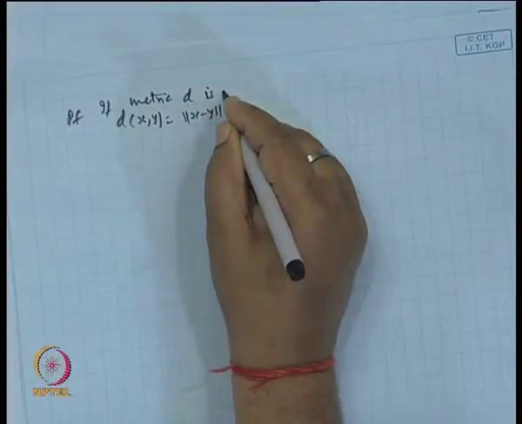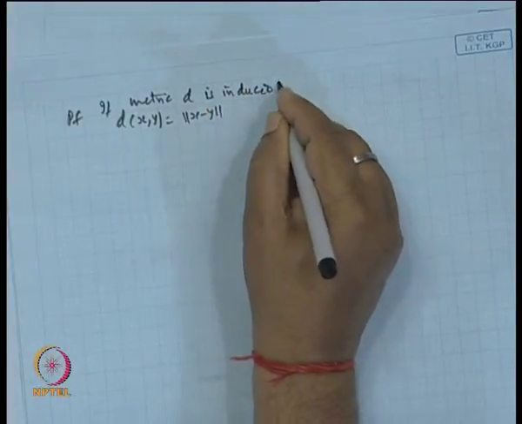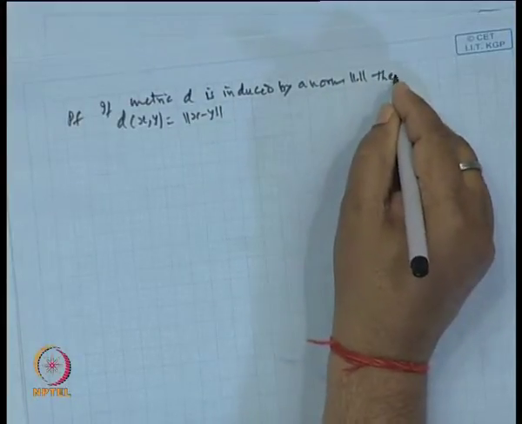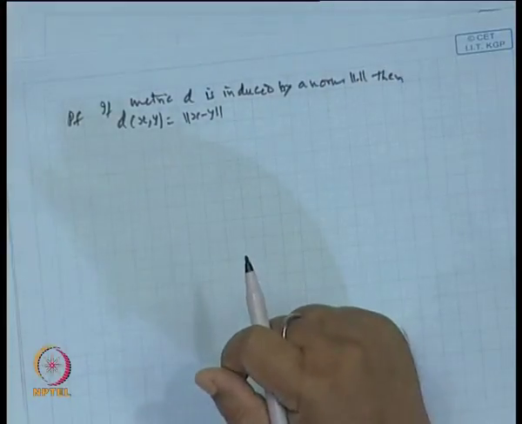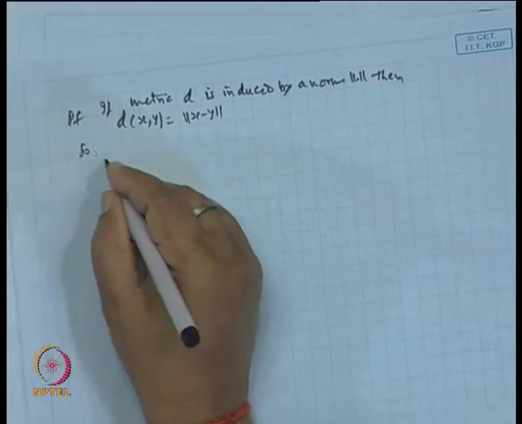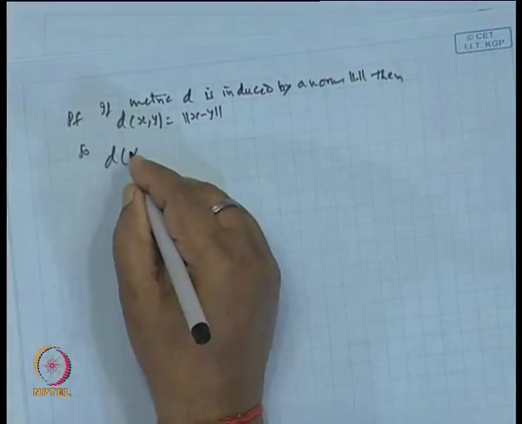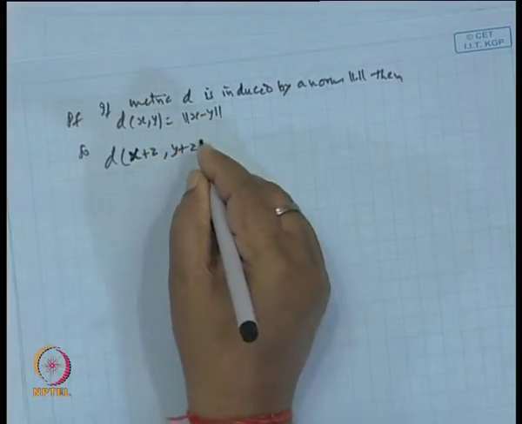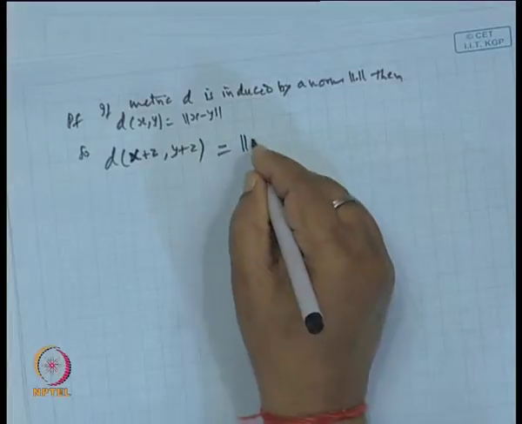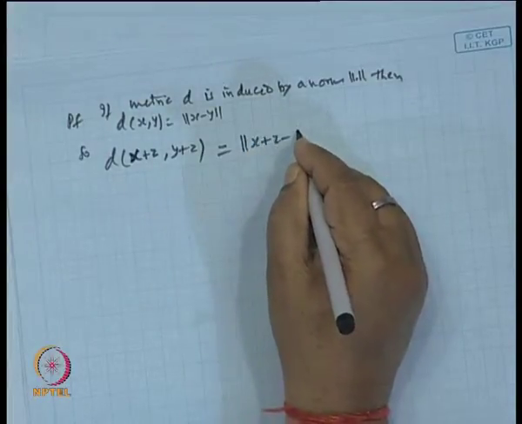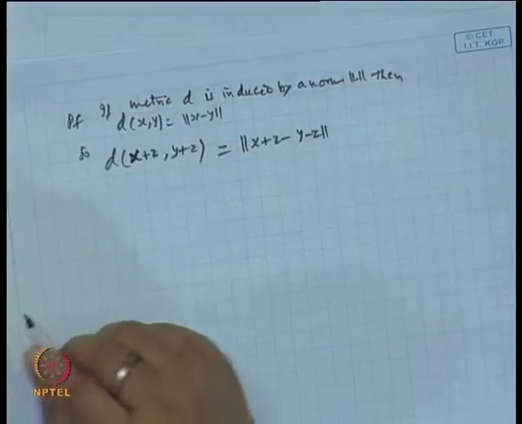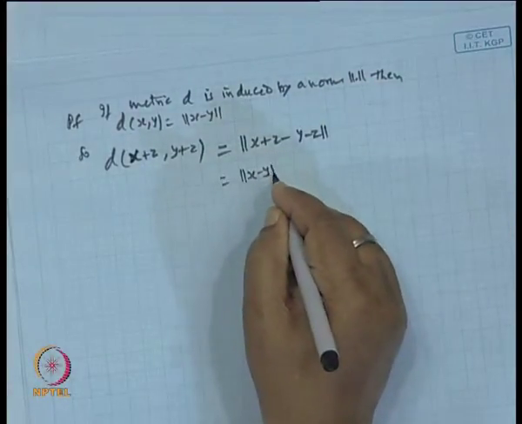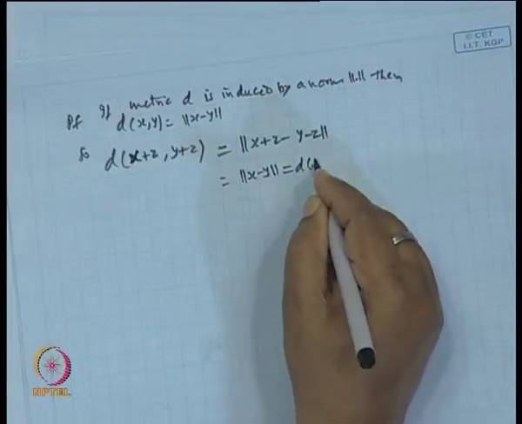Then one can express d(x, y) as norm of x minus y. So, what will be d(x plus z, y plus z)? Is it not the same as norm of x plus z minus y minus z? But z gets cancelled and finally, you are getting x minus y, which is equal to d(x, y).